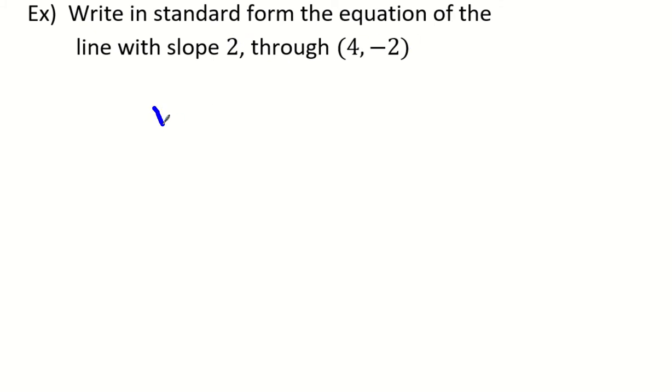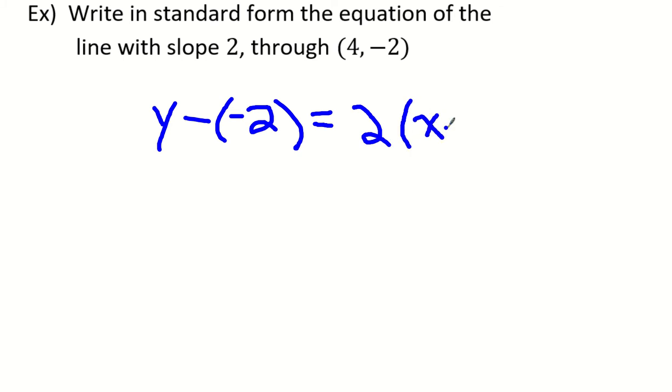So we have y minus -2, sorry for the bad handwriting, equals m, which is 2, they gave that to me for free, times x minus 4. So y minus y1 equals m times x minus x1.